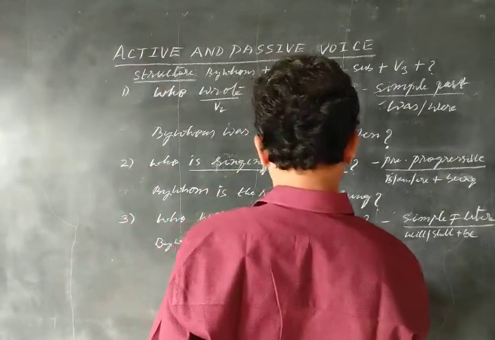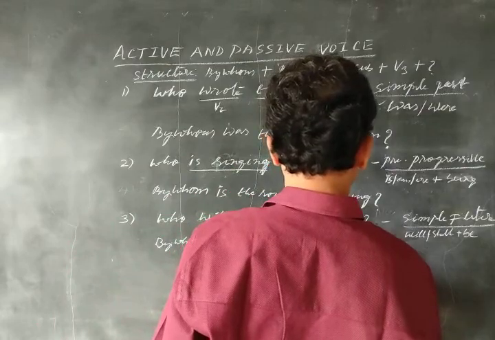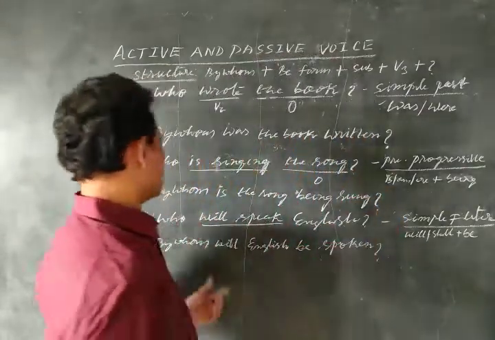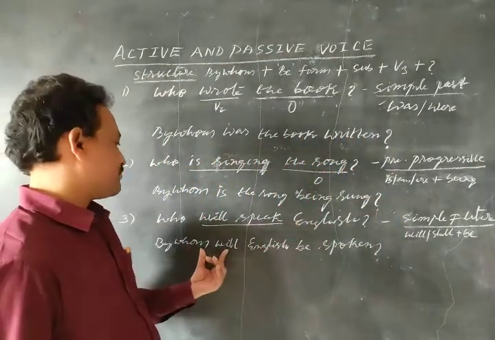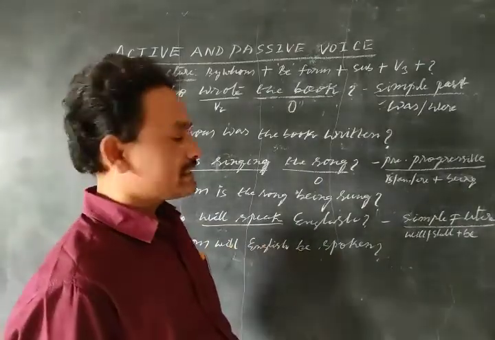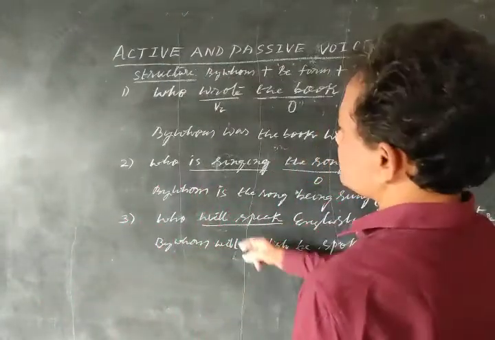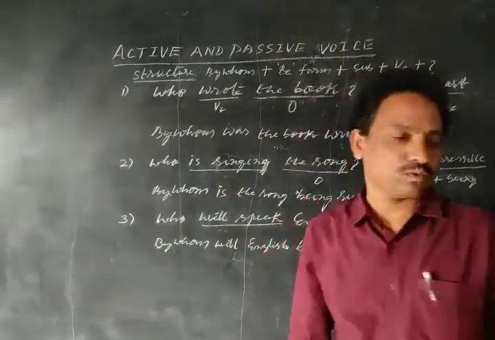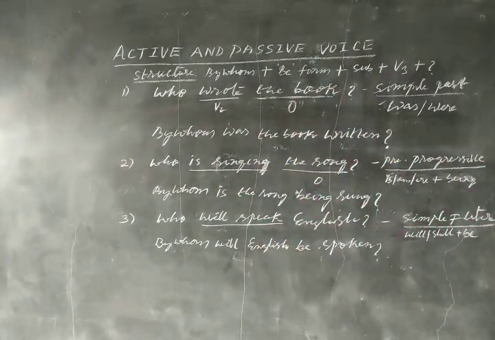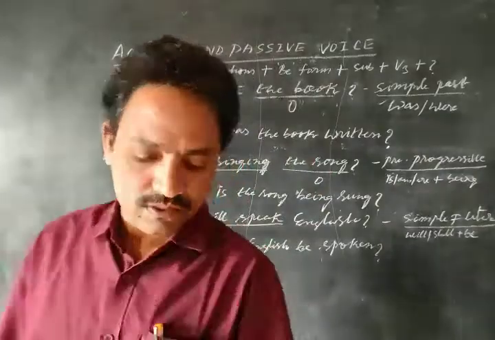V3: spoken. By whom will English be spoken? This is the only question that begins with who. Right.